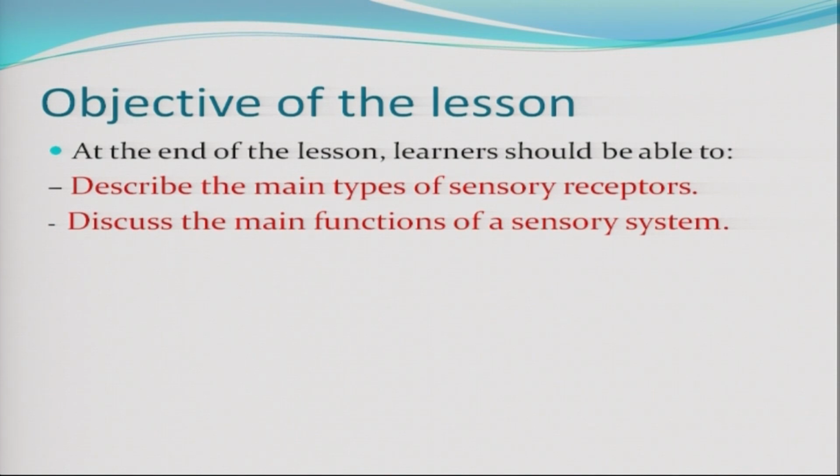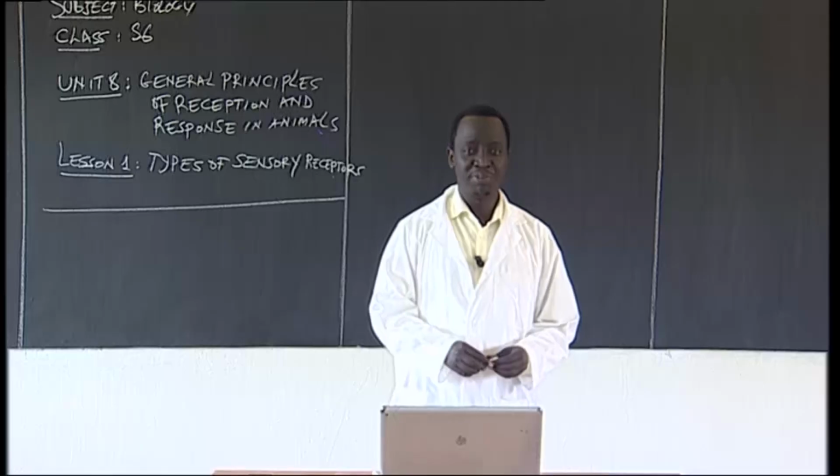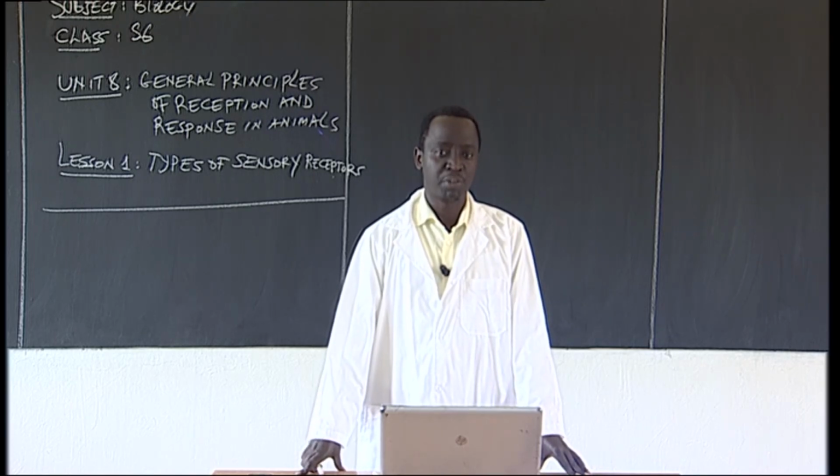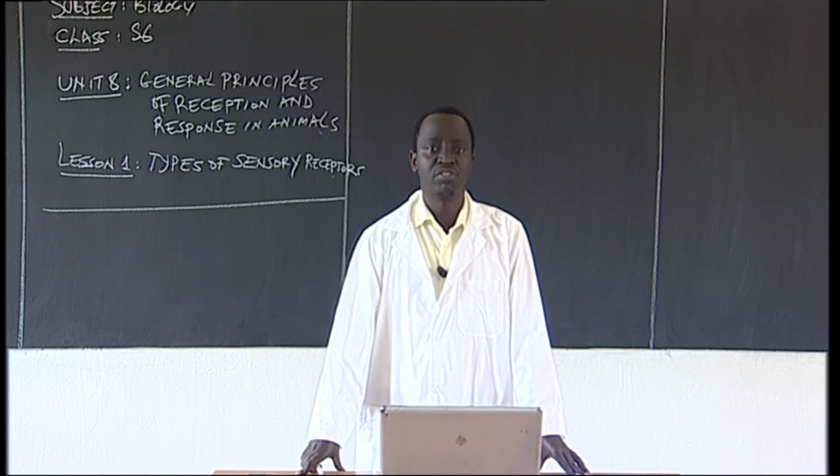At the end of this lesson, you should be able to describe the main types of sensory receptors, and also discuss the main functions of the sensory system. Be ready. I hope you have your notebook where you can write the explanation of the lesson of today.